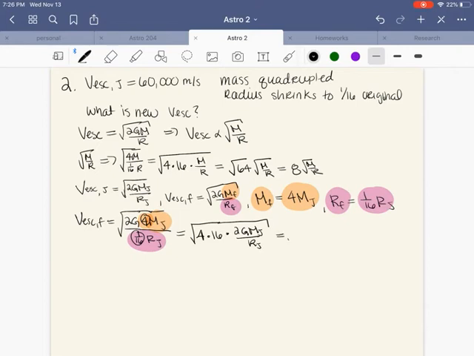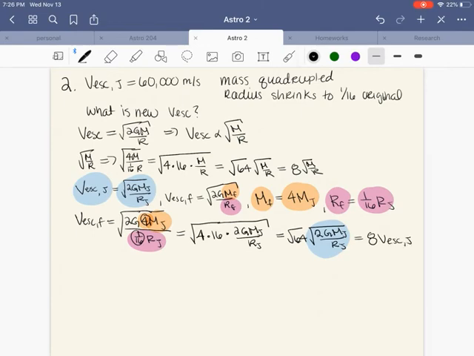I'm going to give it its own radical. And now this is equal to my escape velocity for Jupiter. So my escape velocity is going to be 8 times the escape velocity for Jupiter.